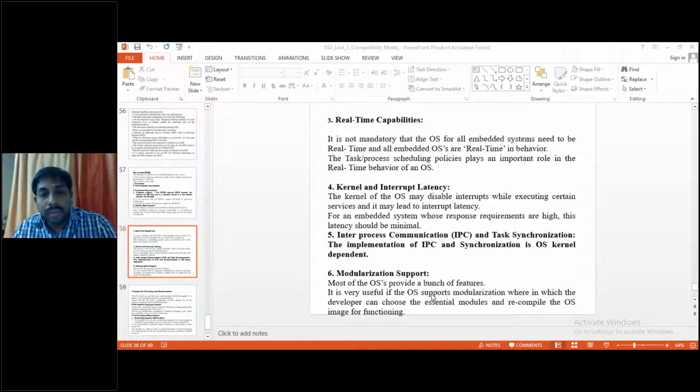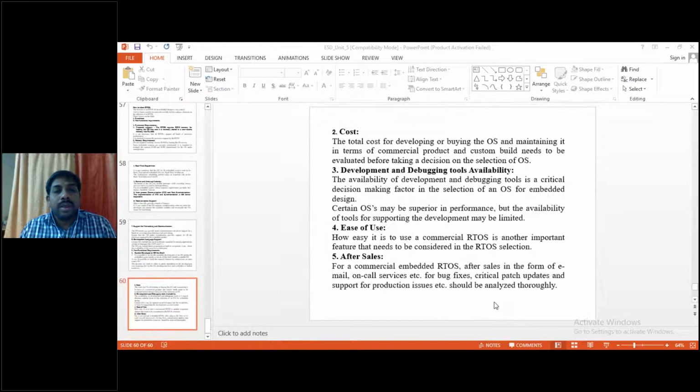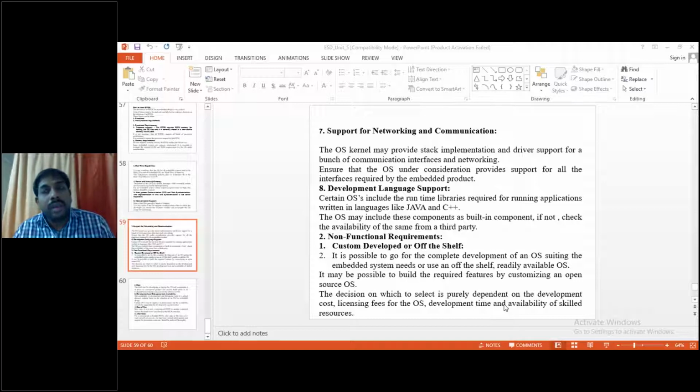Modularization support: it is useful for the OS to support modularization, wherein the developer can choose the essential modules and recompile the OS image for functioning. And the next is support for networking and communication. The OS kernel may provide stack implementation and driver support for a bunch of communication interfaces and networking. Development language support: the languages can be high level, embedded C, C++, or assembly language.